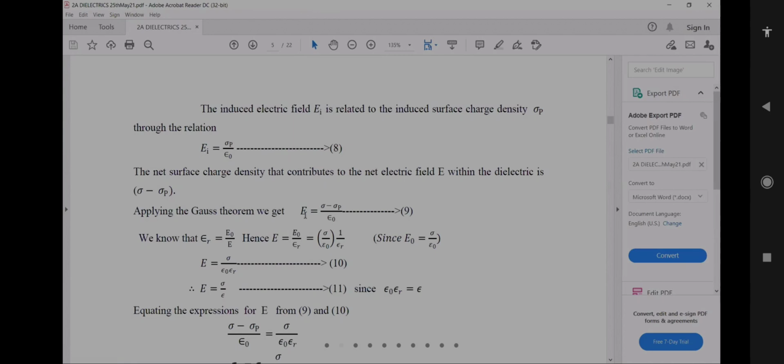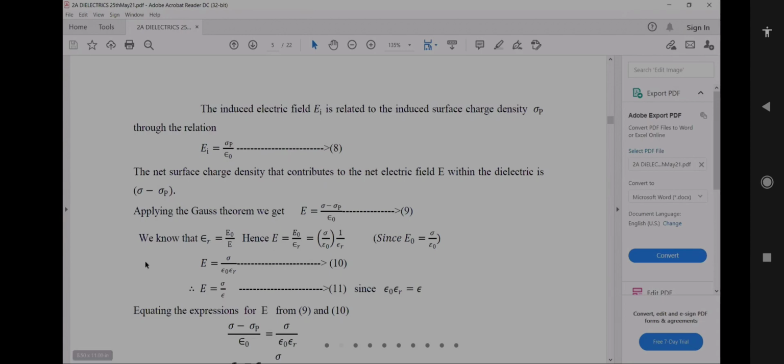Then applying Gauss theorem, E is equal to (sigma minus sigma_p) by epsilon naught. Here the net surface charge density is sigma minus sigma_p, therefore E is equal to (sigma minus sigma_p) by epsilon naught.